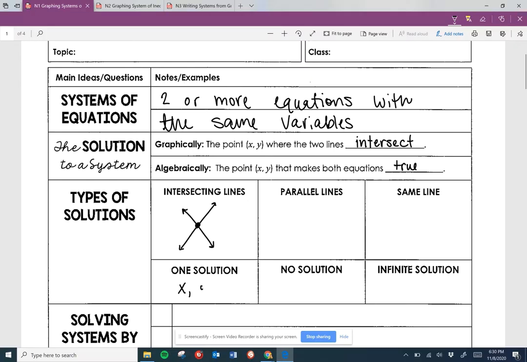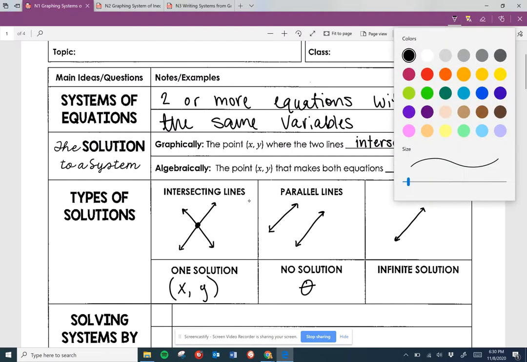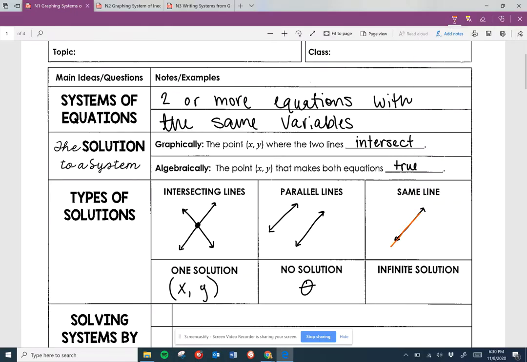If two lines are parallel, which we know from our notes last week means they have the exact same slope, then there is no solution. If they are never going to touch, there's no solution. Sometimes you will see that the equations end up being the exact same line, one on top of the other, like this, and that will give you infinite solutions. So they touch in an infinite number of places.